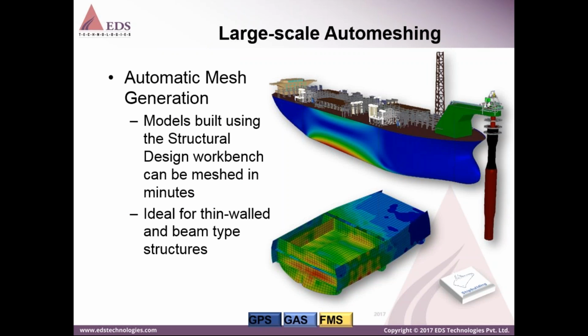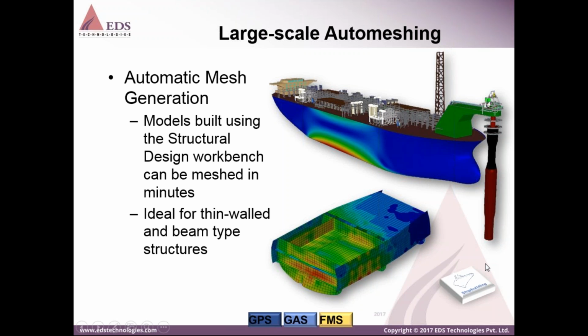If the model size increases, the analysis of those models becomes very difficult. So large model assemblies also can be very easily modeled and analyzed with the help of CATIA.